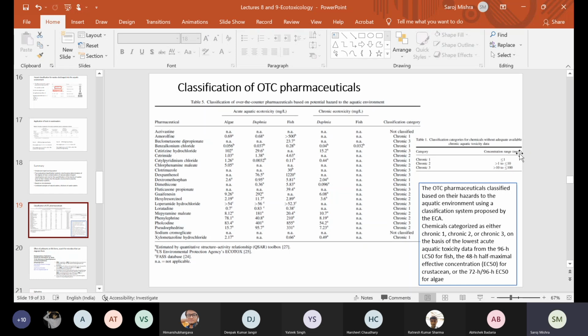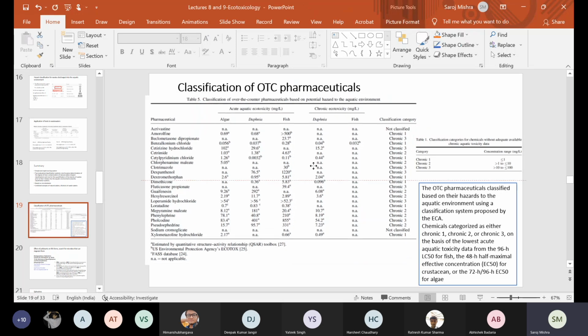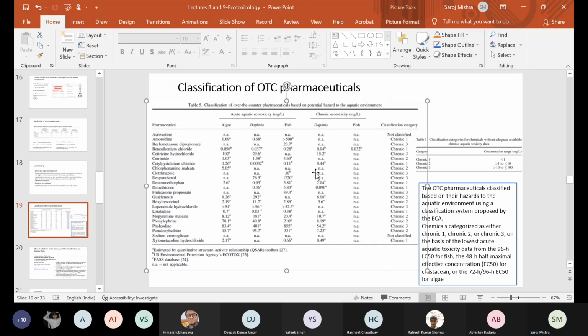Now let's take the example of benzalkonium chloride. So for this fourth chemical, you see 0.04. That means you require 0.04 milligram per liter of this in order to cause 50% toxicity of Daphnia.